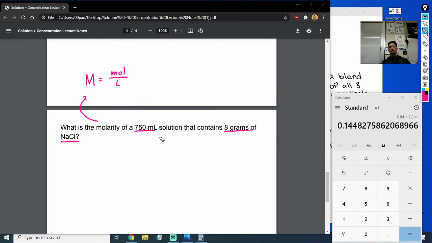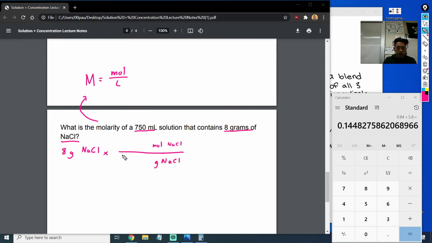Okay, so let's start with the one that we just learned how to do. We learned how to do grams to moles, or we reviewed it because you learned this a long time ago. So we have 8 grams of NaCl. We want to turn that into moles. So I'm going to set up a fraction. On the top, I'm going to put moles of NaCl. And on the bottom, I'm going to put grams of NaCl.